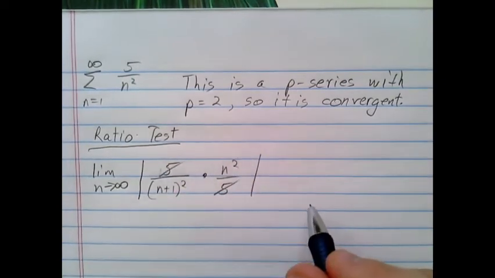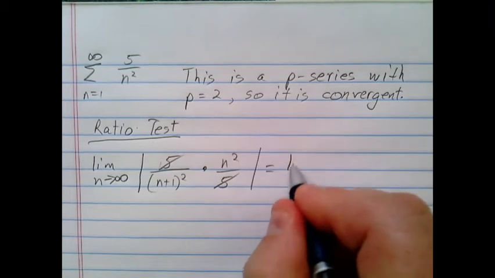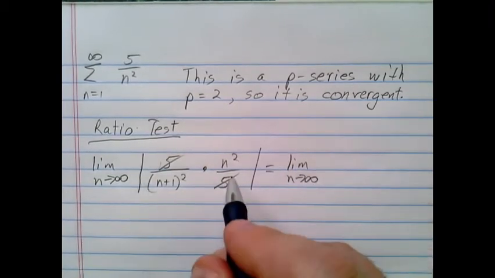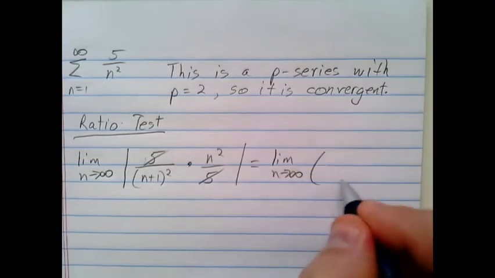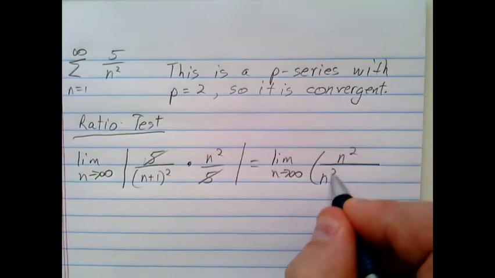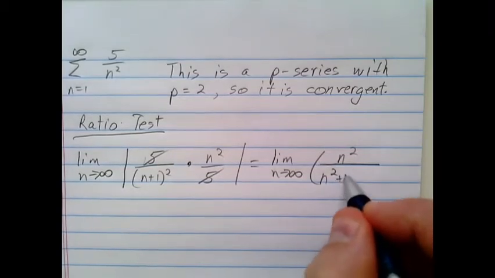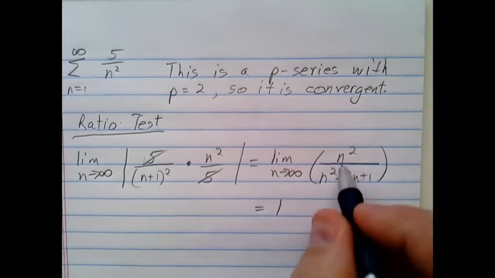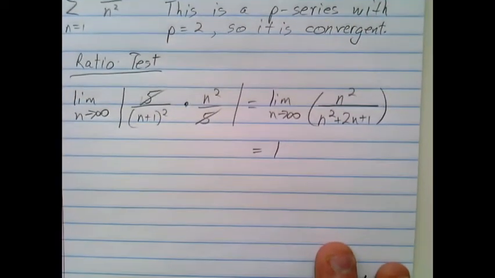I can cancel out those 5's, and that's the limit as n goes to infinity, and I'm not going to need the absolute values, everything's positive. That's just going to be n squared over n squared plus 2n plus 1. And that limit's just 1.